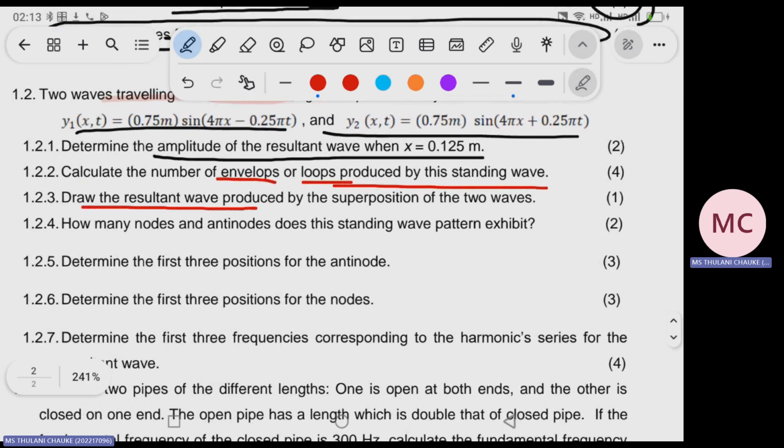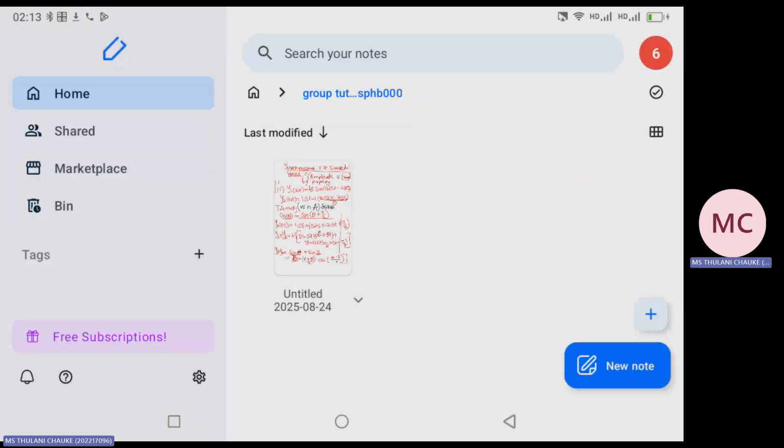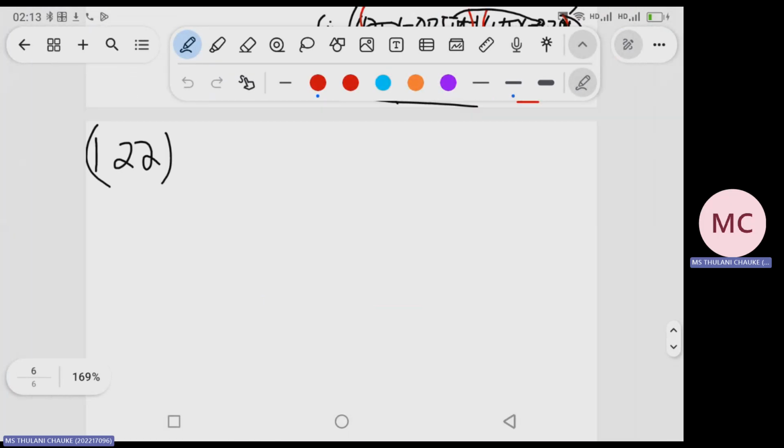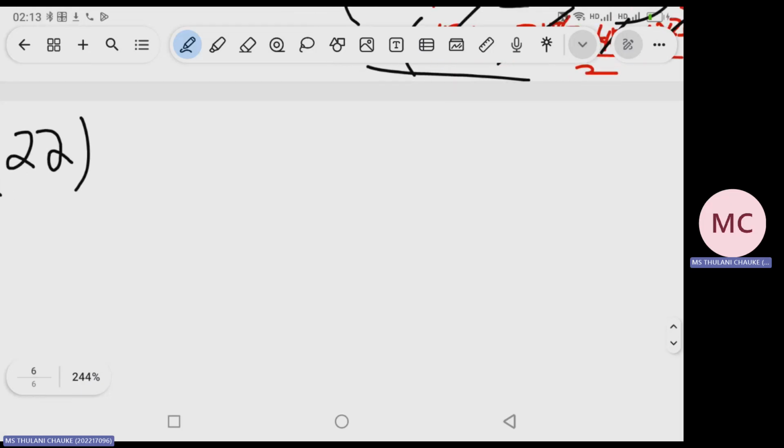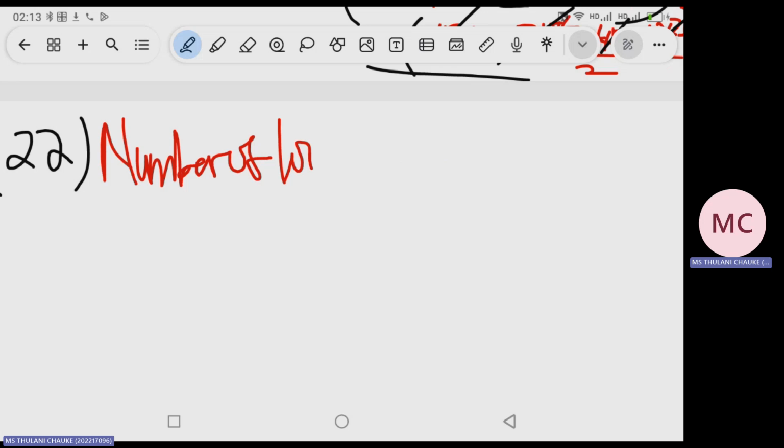Then draw the resultant wave produced by the superposition of the two waves. Here they want us to calculate the number of loops produced by the standing wave, 4 marks, meaning they want to know how many loops our graph will have. So this is what you will do: the formula for calculating the number of loops.